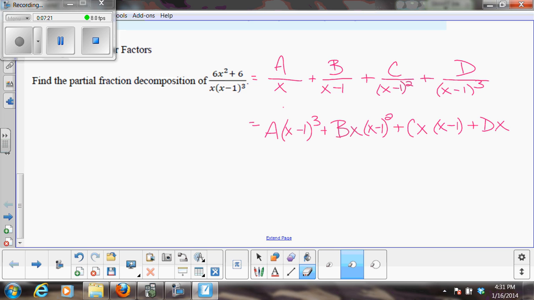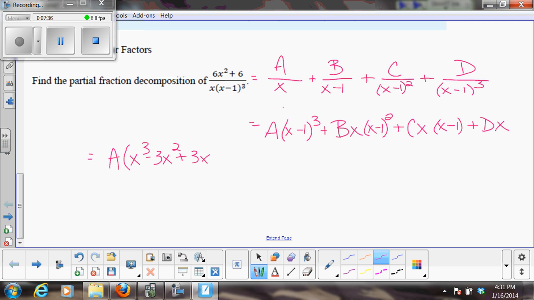X minus 1 cubed expands to x cubed minus 3x squared plus 3x minus 1. Next to B, we have x cubed minus 2x squared plus x. Next to C, we have x squared minus x, and then an x next to D.